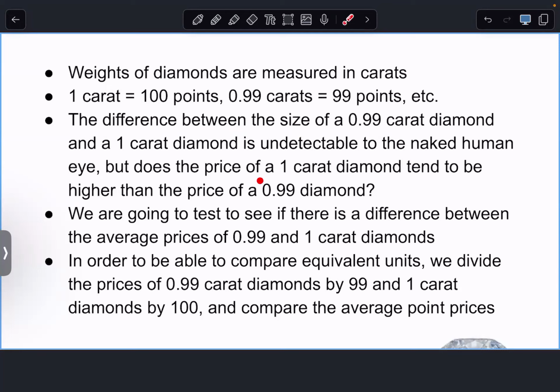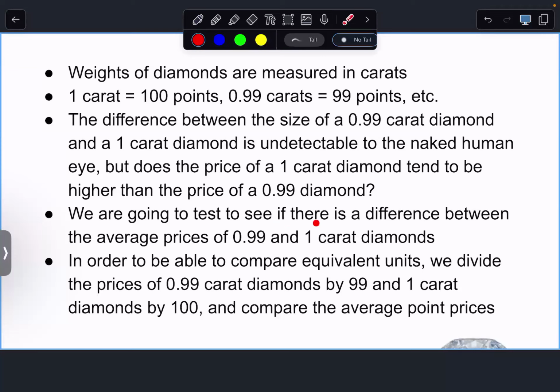But does the price of a 1 carat diamond tend to be higher than the price of a 0.99 carat diamond? So knowing that you really can't tell the difference between these two things, it might be valuable to know whether the price of these things is significantly different from each other.